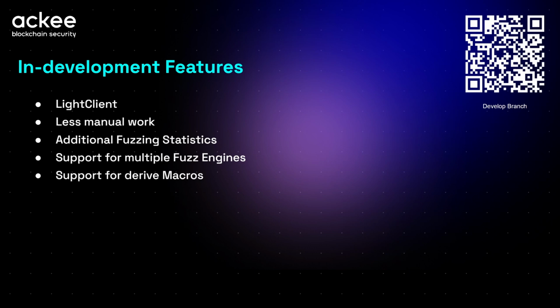But a reminder, these are more like experimental features, so it does not mean that if the features are in develop, they will be released, as we may find other possible improvements, or we may need to remove the features as we can find issues with the new experimental features within the develop branch. So that's it for the in-development features.